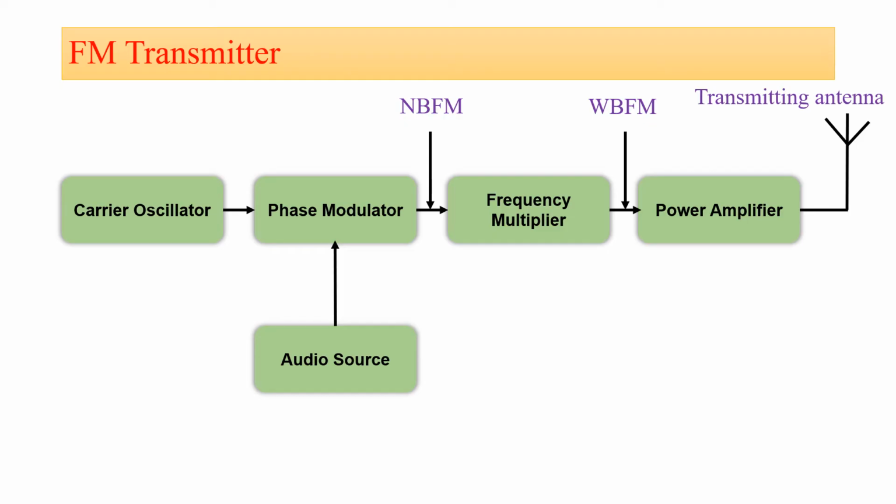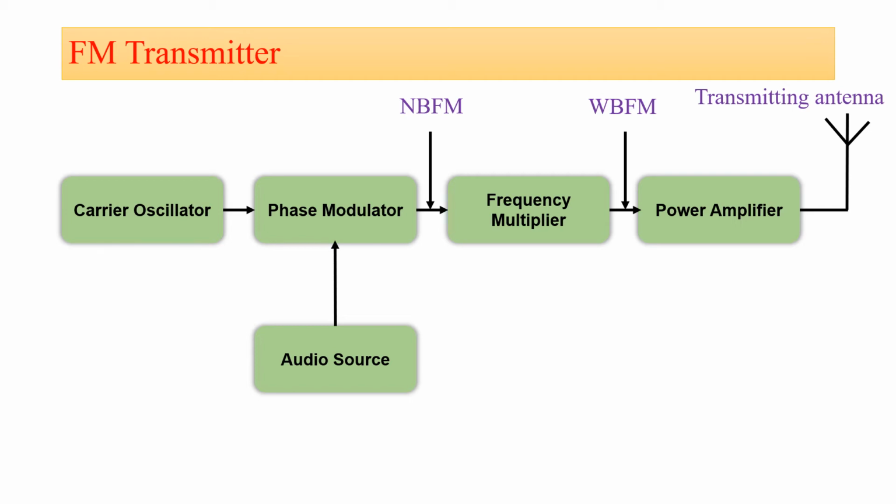Then the NBFM waveform is passed through the frequency multipliers, which increase the frequency deviation and the carrier signal frequency to the appropriate level, and the output of the frequency multiplier stage will be WBFM, that is wide band frequency modulation, but at low power.